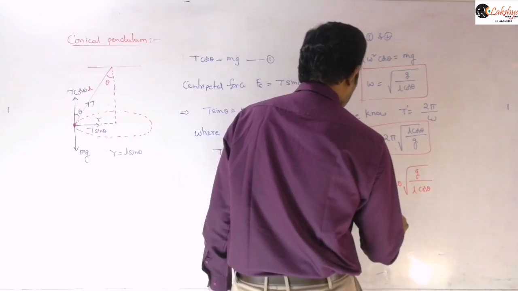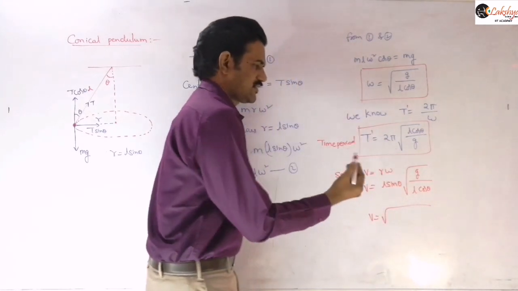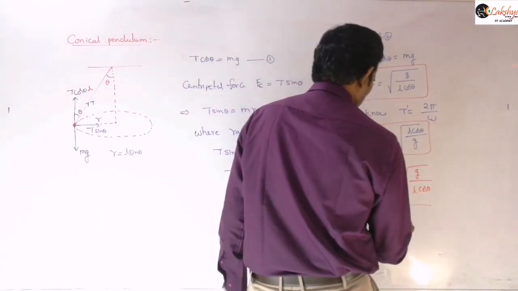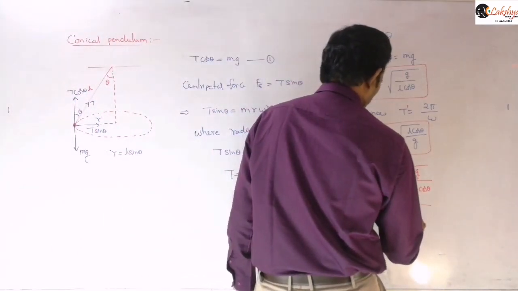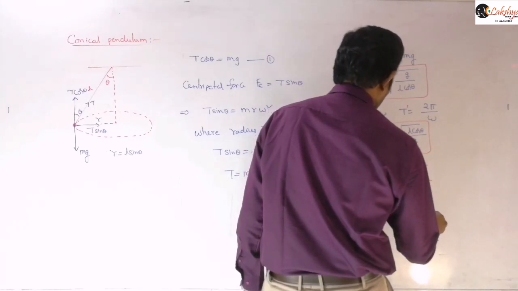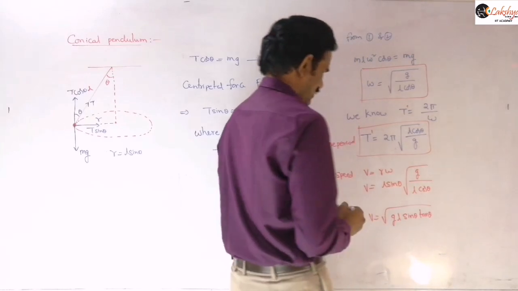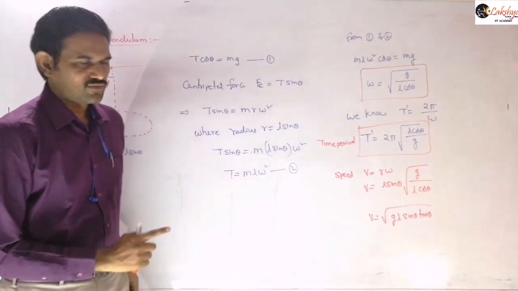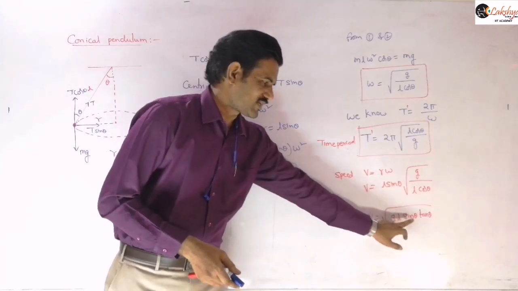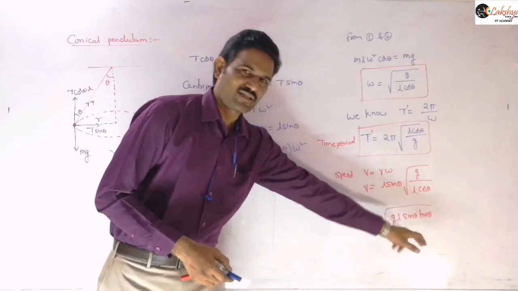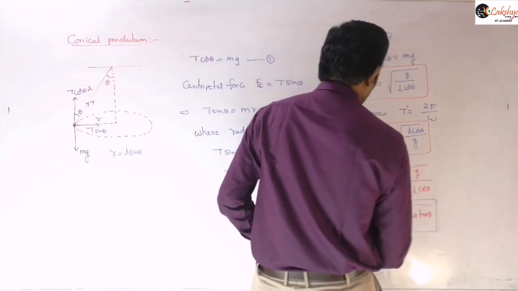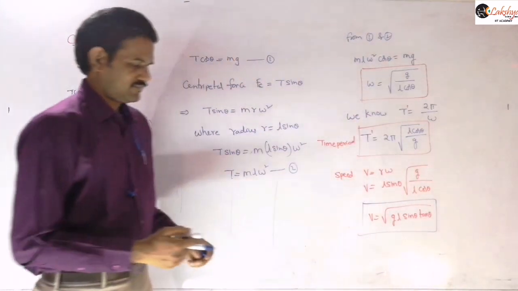Therefore v is equal to under root of, let us write the total values inside the root, g into L into sin theta into tan theta. Is it clear? That means sin square: you will get L square sin square theta, one L will be cancelled, and sin theta by cos theta we are writing as tan theta, the remaining sin theta will be there. So if they ask the speed of the particle, then we can write like this.